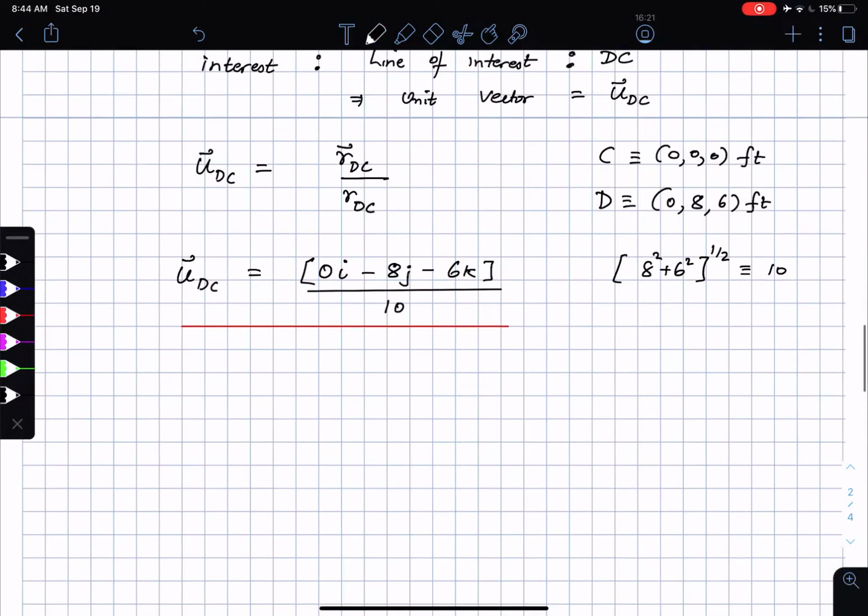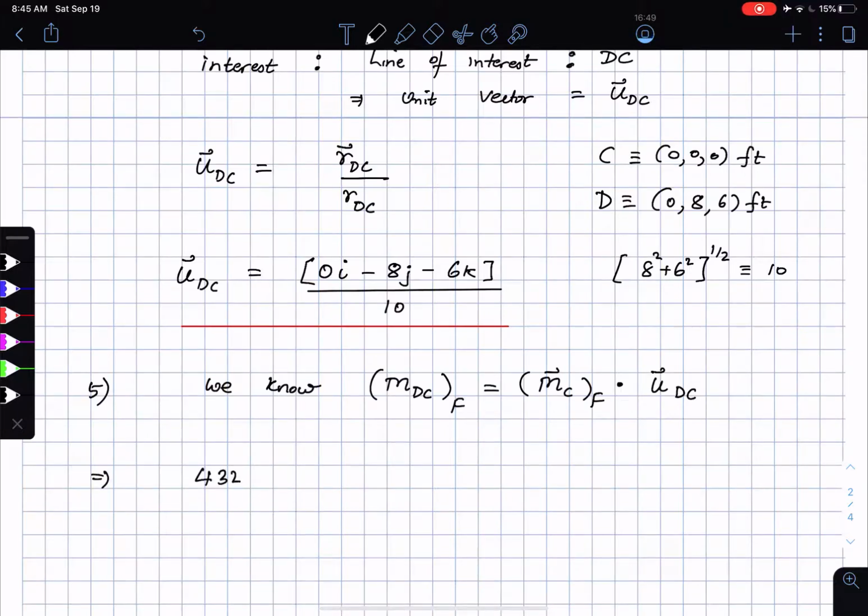Then I make use of the definition of the moment about an axis. So my fifth step is, we know MDC due to the force F is, by definition, as we have been doing so far, the dot product of the moment about the point of interest on the axis of interest and the unit vector along that axis. So filling out the details, 432 pound-feet is what I had.